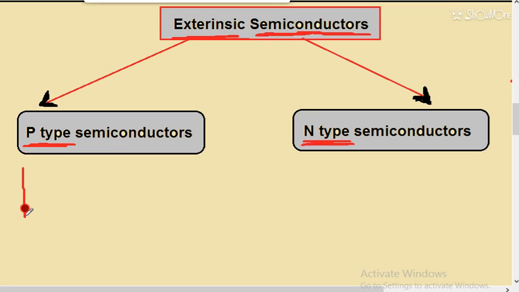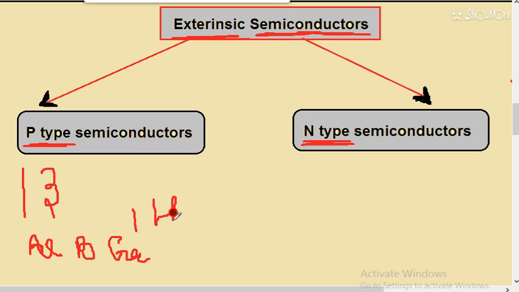The hint for it is, if we dope group number 13 elements, that are aluminium, boron and gallium, into group number 14, that is the semiconductor group, then it will give me p-type semiconductor.